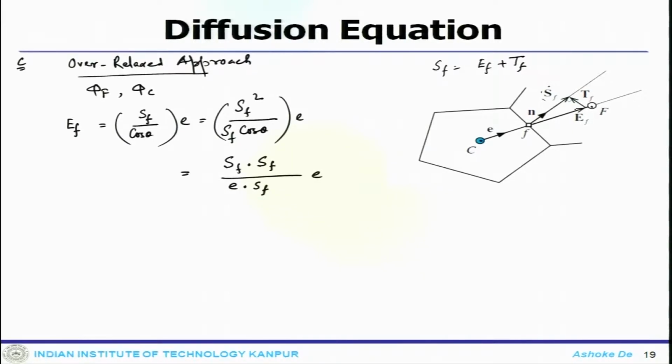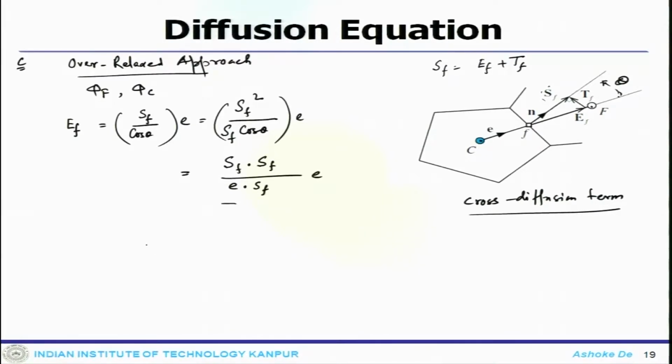So, what is required is a term which will account for the non-orthogonality, the angle theta, that is, the degree of non-orthogonality. The term which accounts for the non-orthogonality needs to be added, and it is called the cross diffusion term. That is a very important term for a non-orthogonal grid system.